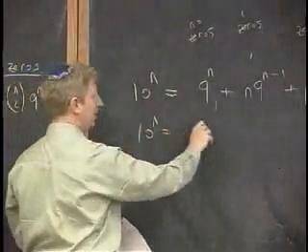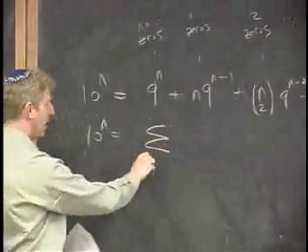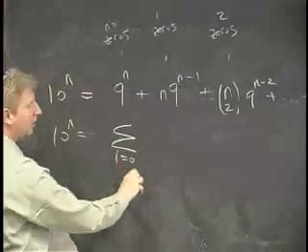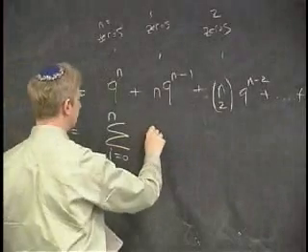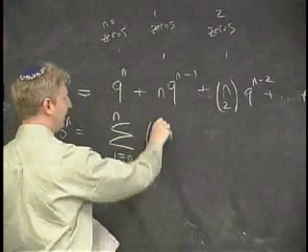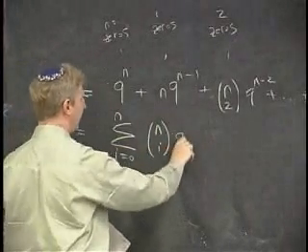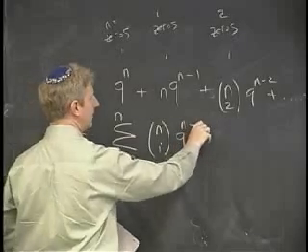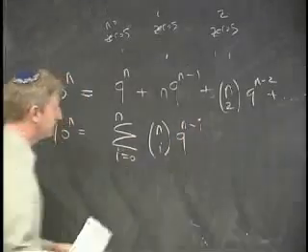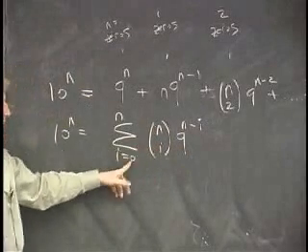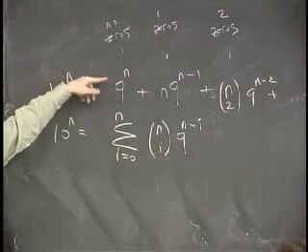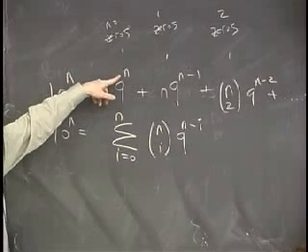Let me write this as a summation. 10 to the n is the summation, i starting at 0, going all the way up to n, of n choose i times 9 to the n minus i. This represents each of these terms as i ranges from 0 to n. The first term is n choose 0, 9 to the n minus 0.